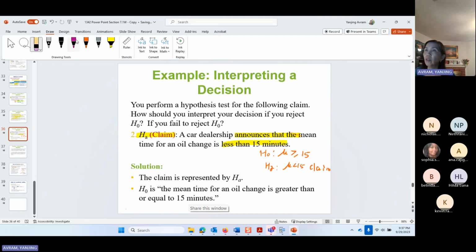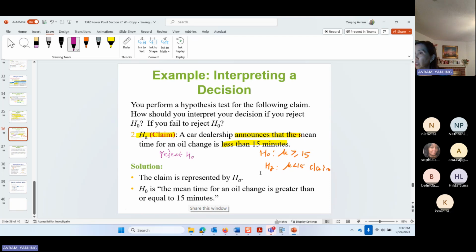Okay, so if you reject the null, since this claim is in the alternative one, and you reject the null, reject this one, so that means this one is incorrect, right? Reject the null, this one is incorrect. So that means the alternative one is correct.